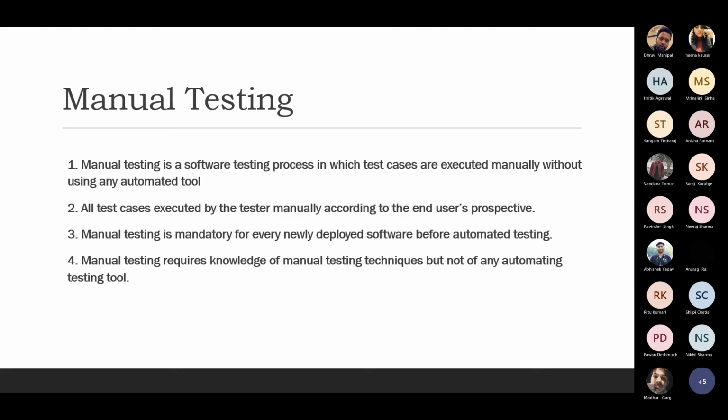After that, our tester should identify the payment gateway and how many payment channels should be available on it. This kind of scenario should be verified by our manual tester. After that, how much amount should be deducted from your wallet and from your account is also verified by the manual tester.